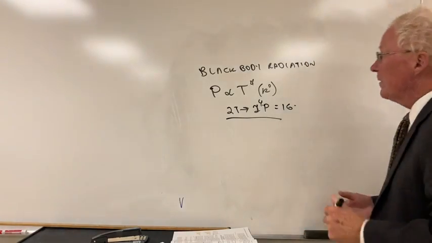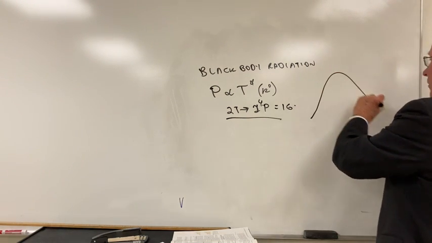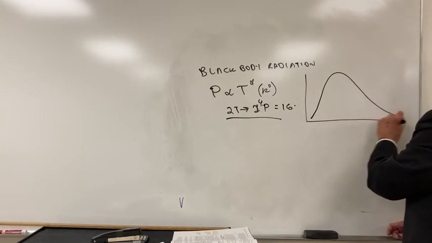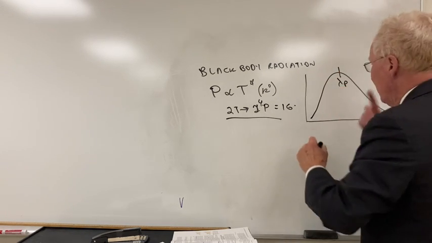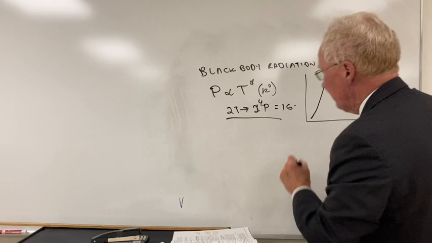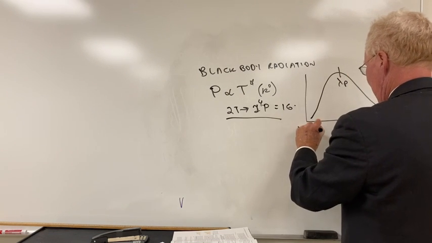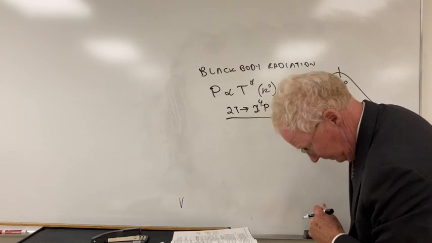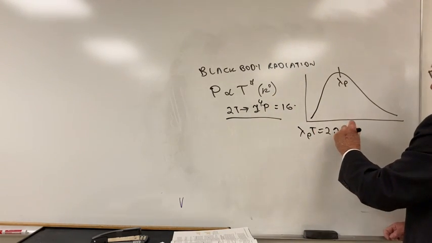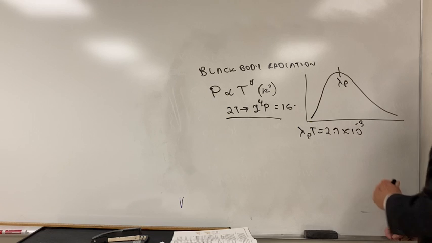We also have on black body radiation the peak wavelength. Lambda p is such that lambda p times the temperature is 2.9 times 10 to the minus third.